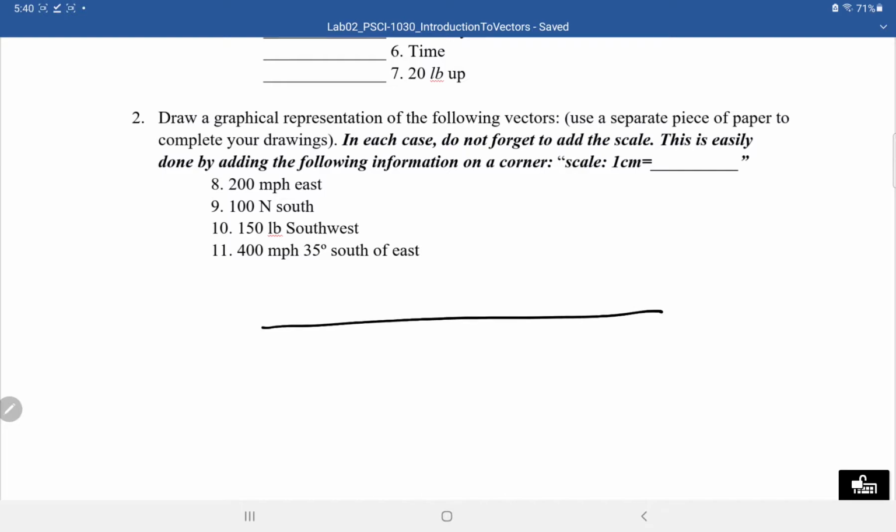Measure this angle and draw this one. It is making 35 degrees with the positive x-axis. So in this way you can draw vectors.